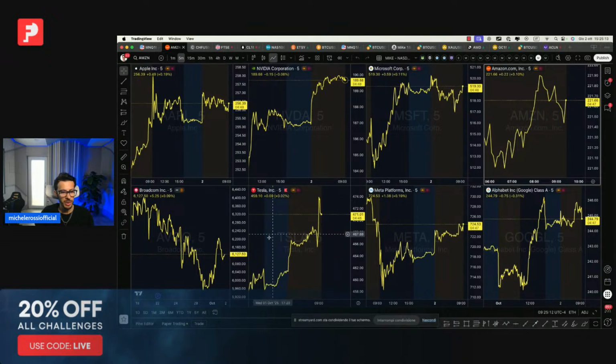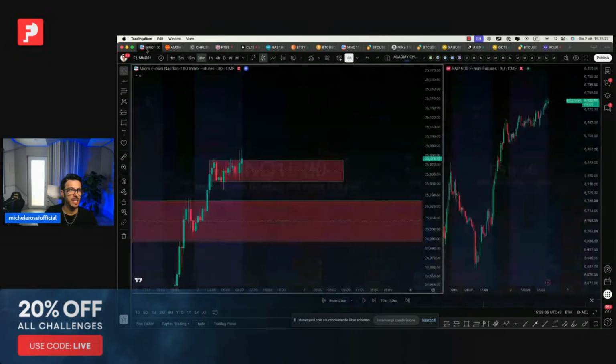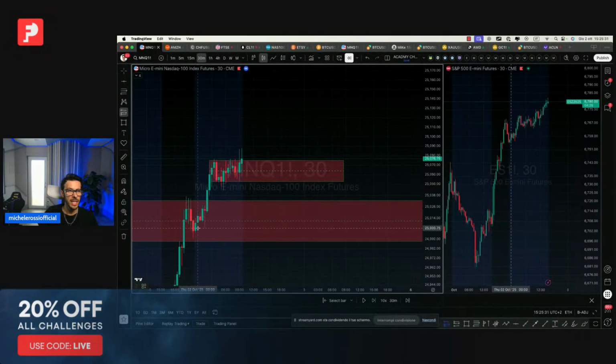Apple, Nvidia, Microsoft, Amazon, Alphabet, Meta, Tesla, Broadcom. If we get good reports on these, and I'm also looking at this chart showing bullish, I ask: do I have a good structure? Yes. What is the intermarket telling me?